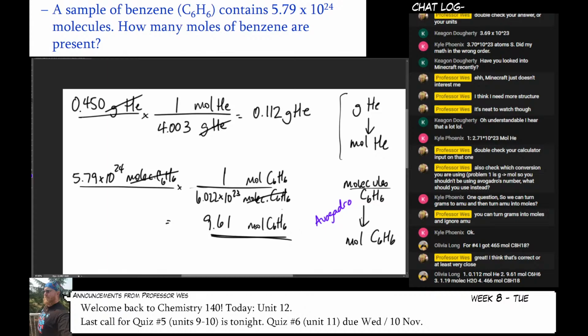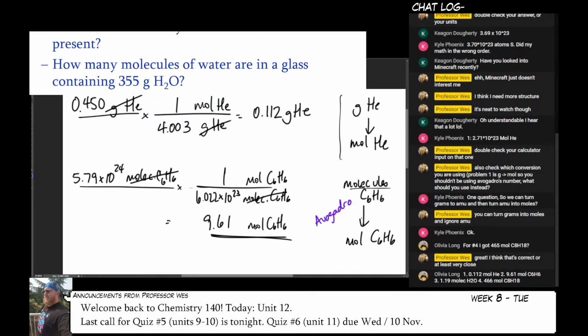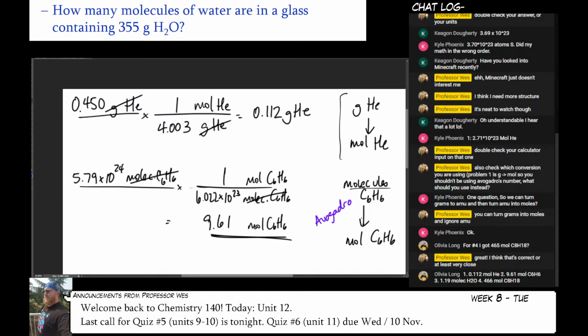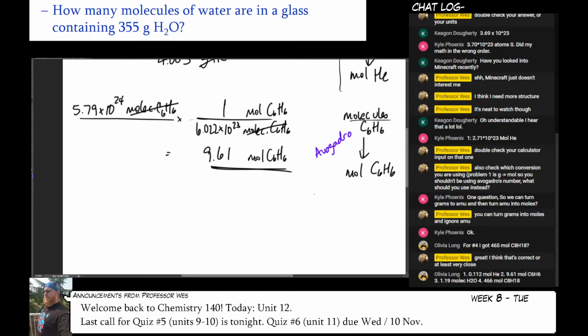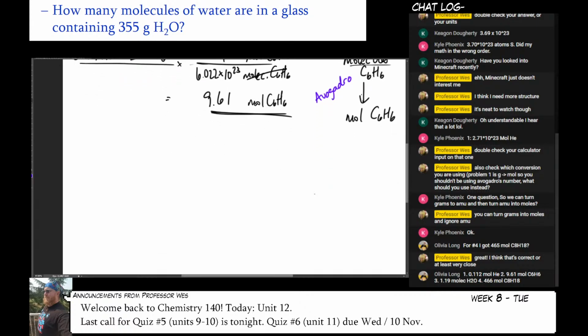All right. For number 3, I got to capture it on the screen, though, first. Number 3, we need to know the number of molecules of water in a glass containing this much water. So now, I started with grams.